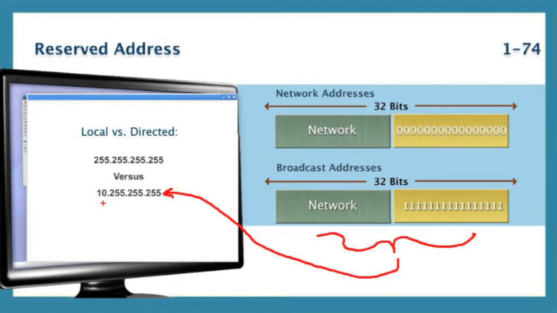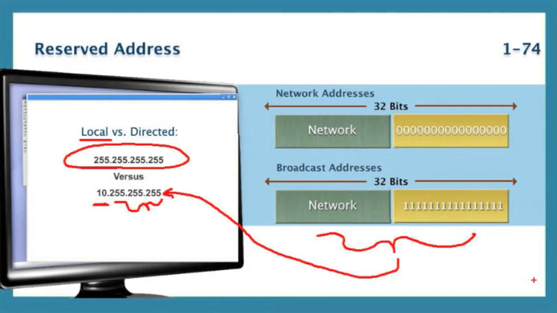We're saying, hey, for the 10 network, we want to send something to everyone. This, filling the entire 32 bits with ones as a destination address, this is called a local broadcast. So, local versus directed broadcasts both exist.